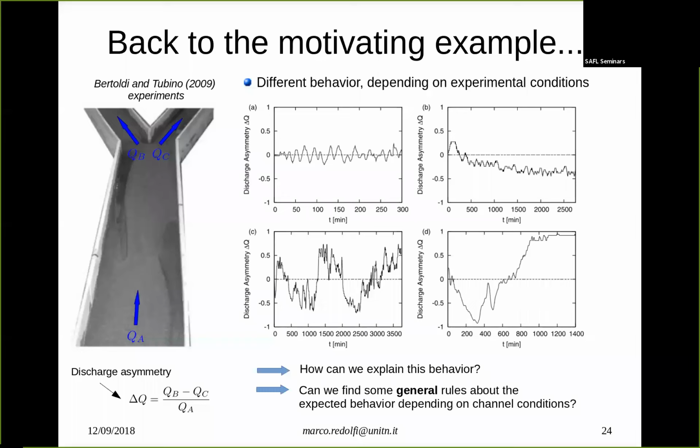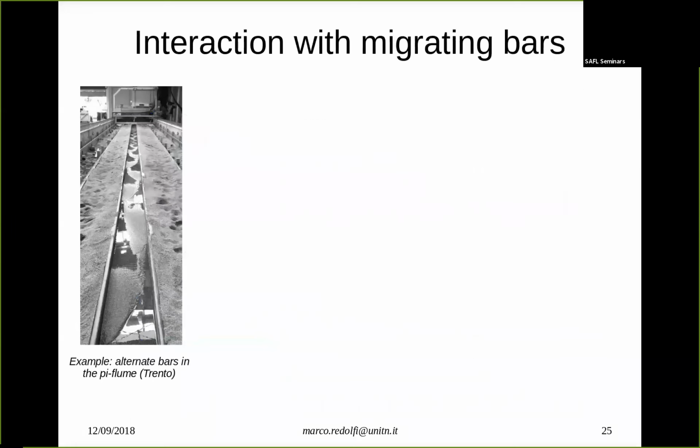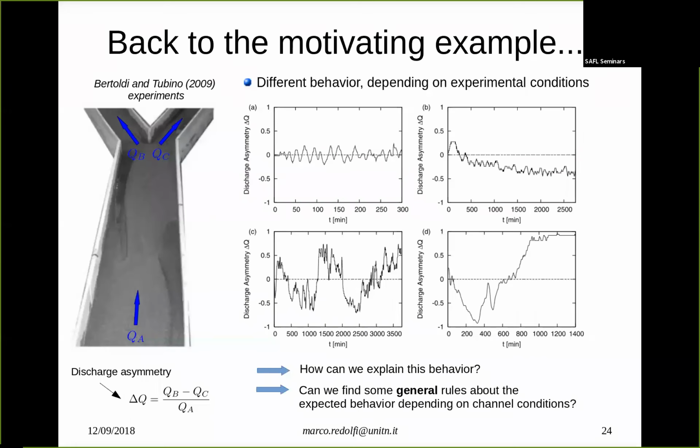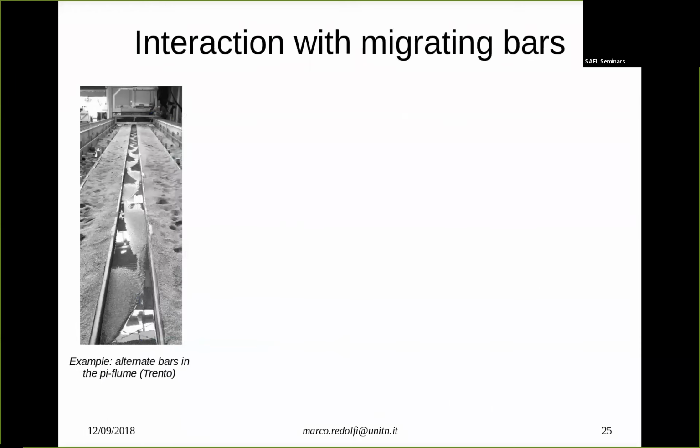With this in mind, we can come back to our original motivating experiments, and we can try to understand what's going on in these different cases. In this case, the main channel had alternate bars that were migrating downstream.